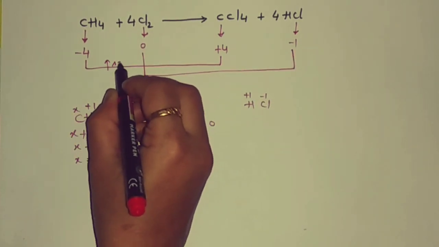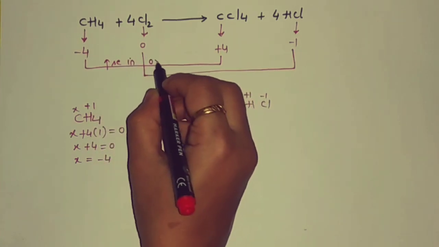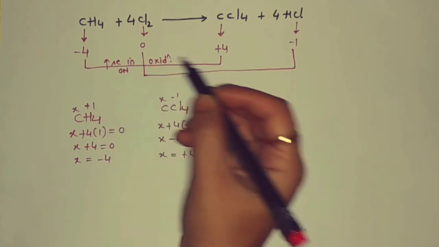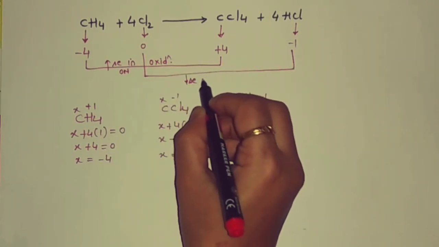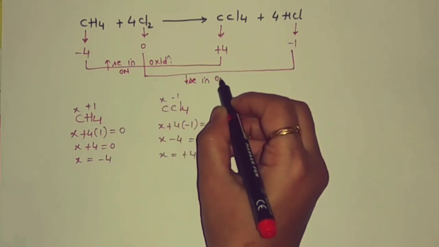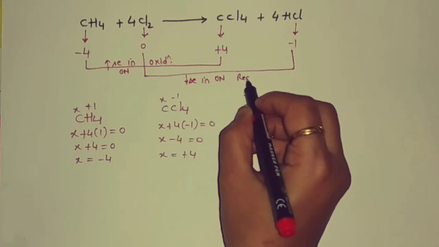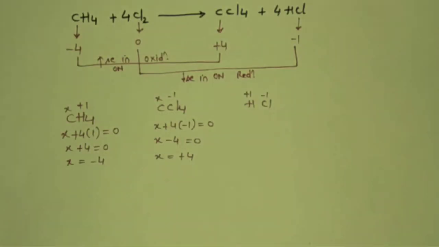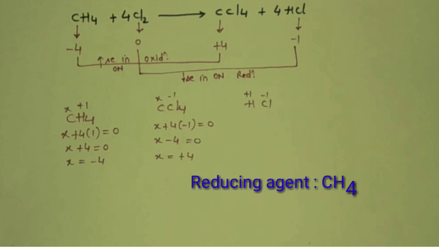So students, we can write that an increase in oxidation number is oxidation and a decrease in oxidation number is reduction. Over here carbon undergoes oxidation, therefore CH4 is the reducing agent while chlorine is the oxidizing agent.